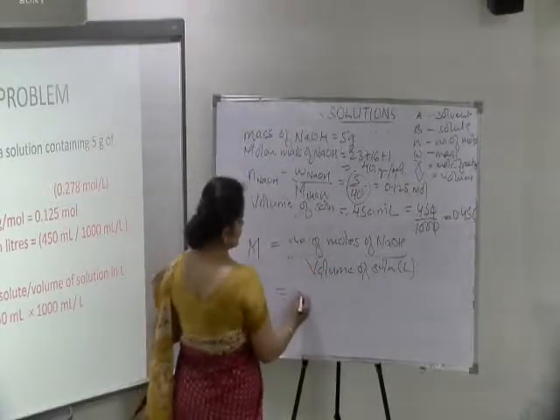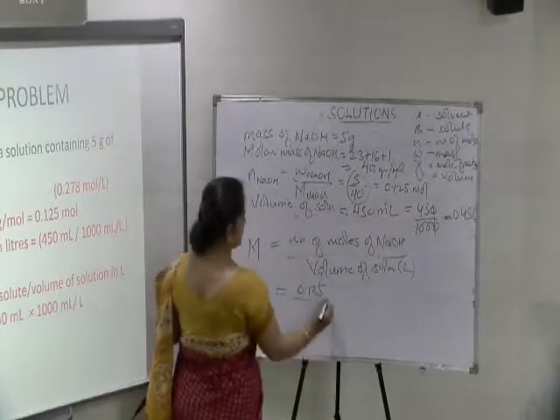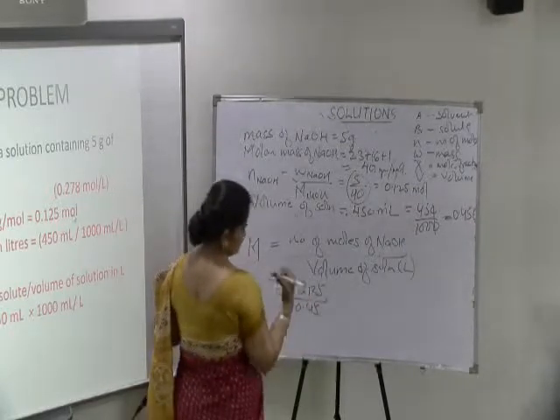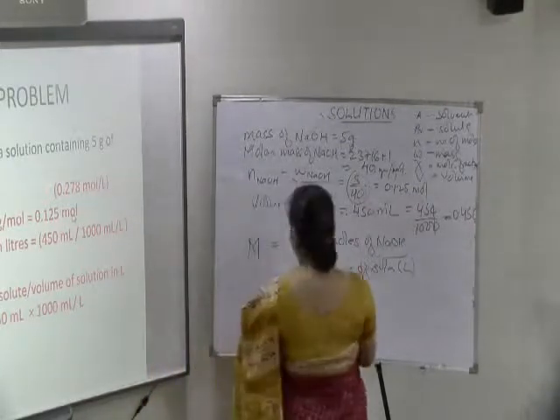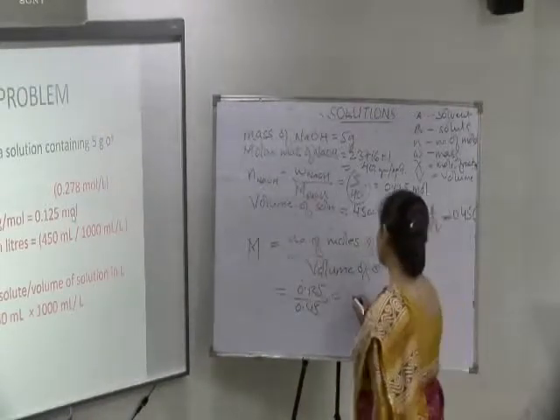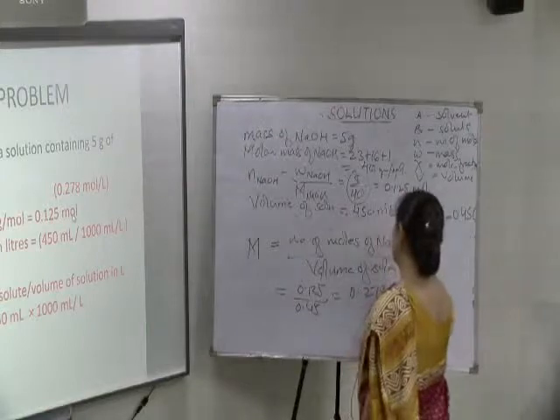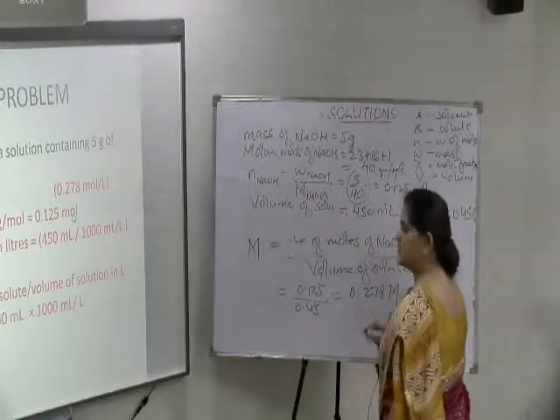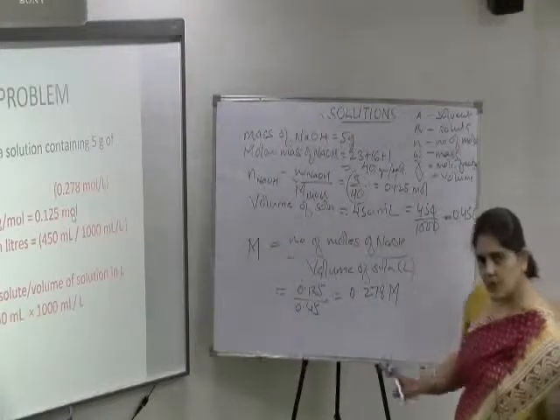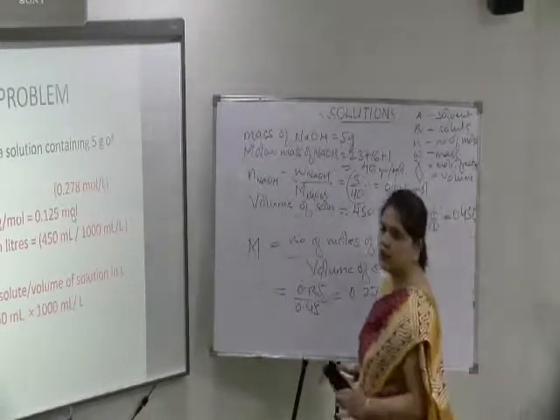Number of moles is 0.125 divided by 0.45 liters. This will come out to be approximately 0.278 moles per liter, or molar solution. This is how we solve the numericals based on molarity.